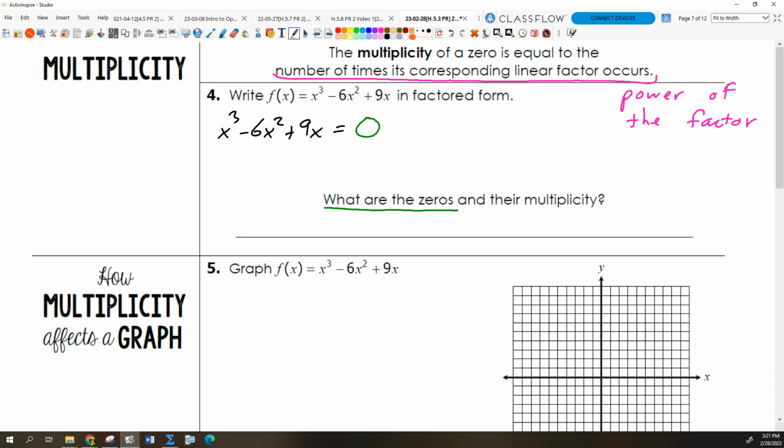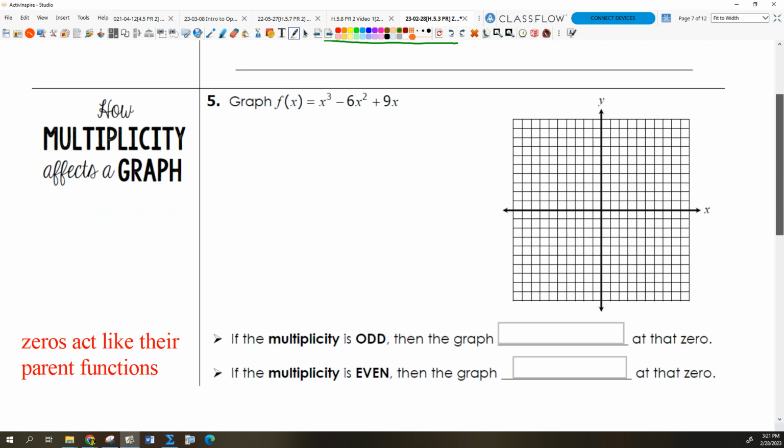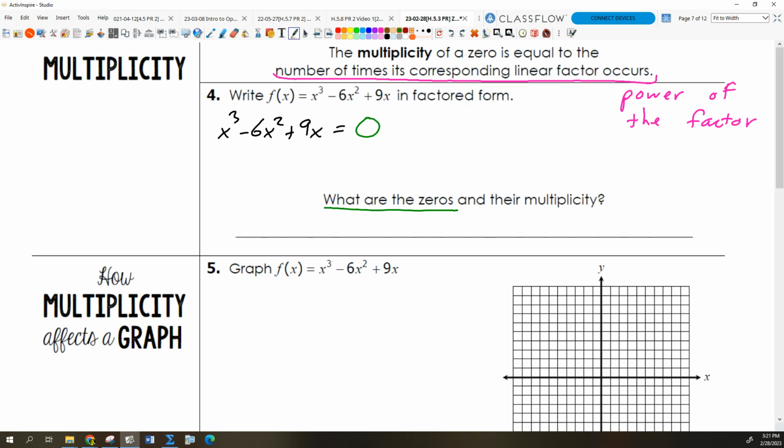So we could factor out an x. If we factor out an x, what's left behind? x squared minus 6x plus 9, right?